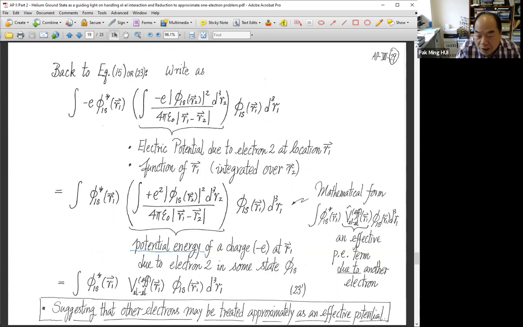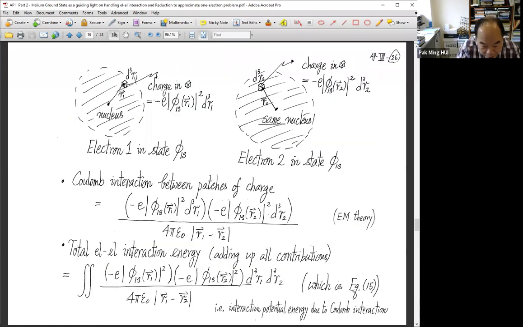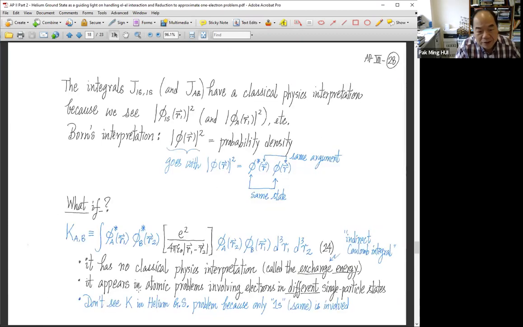Now I go back to the first equation, the J1s1s, and I rewrite it in a different form. I collect the terms. I collect the R2, the second electron term, the denominator, and the integration over R2, and put it in the middle.